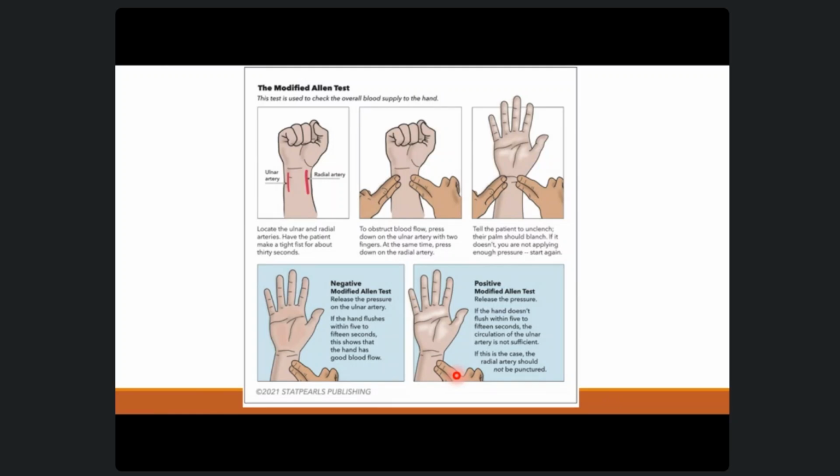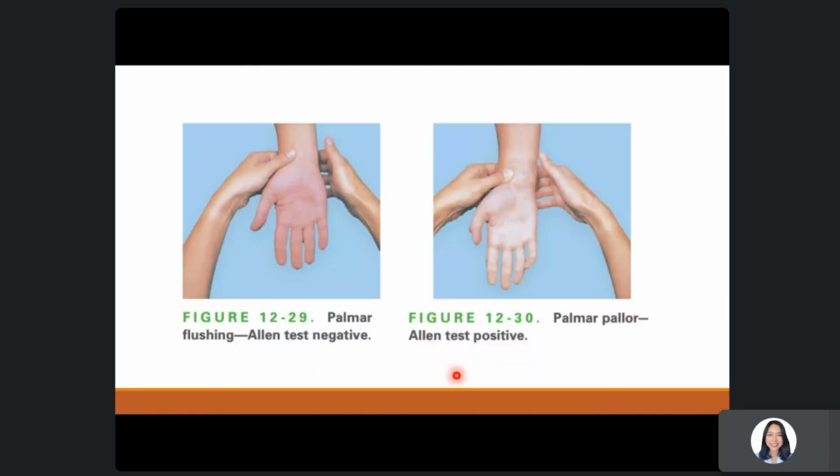Okay? So again, negative Allen's is when there is hyperemia when you release the ulnar side. This is a positive one, if despite releasing the ulnar side, it remains pallor.